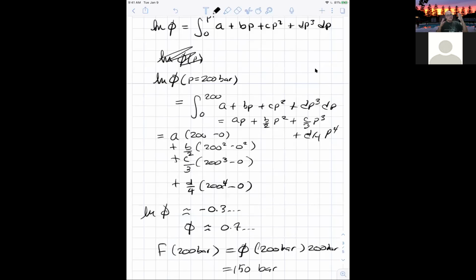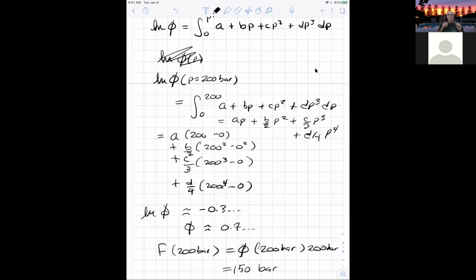In other words, we do this experiment and the pressure gauge says 200 bar. So this gas is at 200 bar, and that gives a certain result.